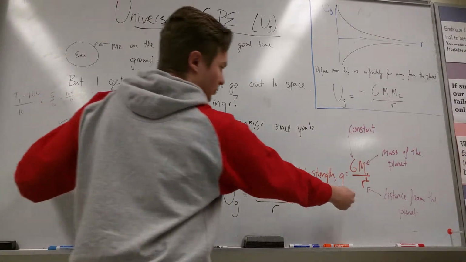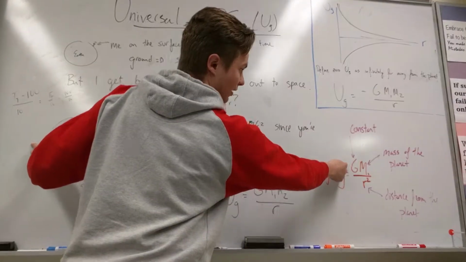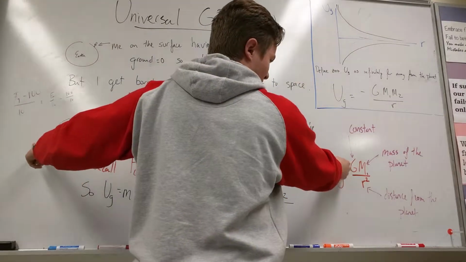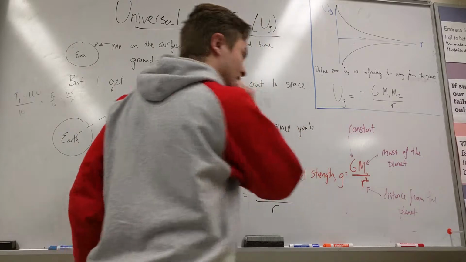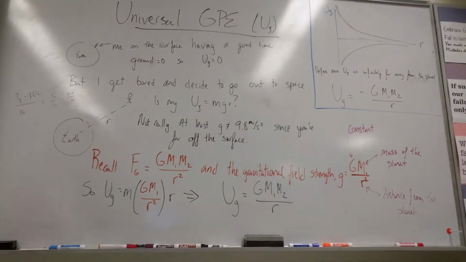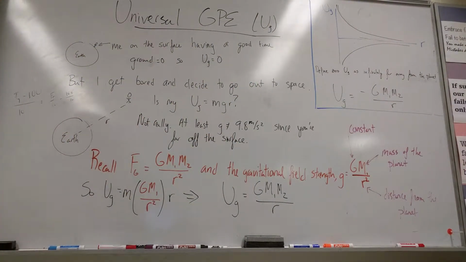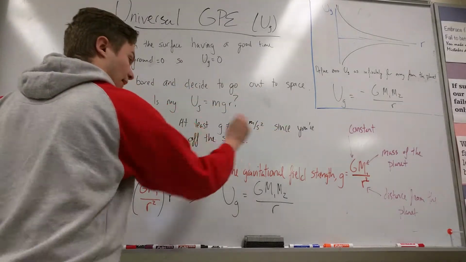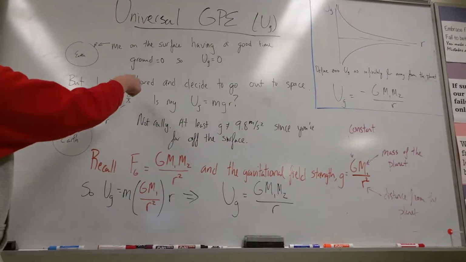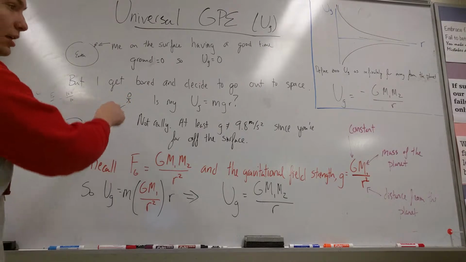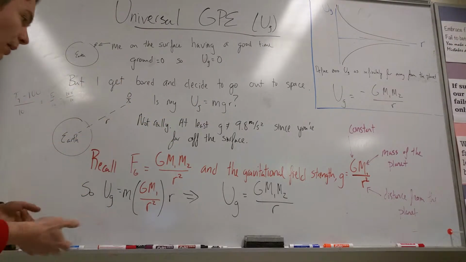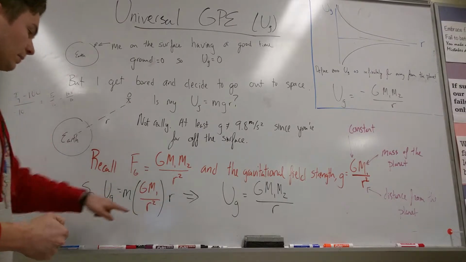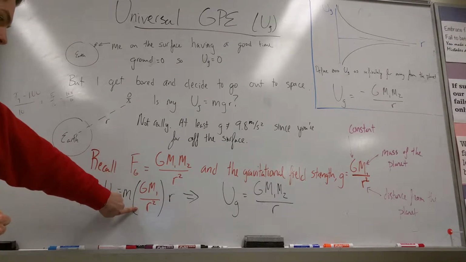The gravitational field strength here is this G constant, 6.67 times 10 to the negative 11th, the mass of the planet that's pulling, and the distance that an object is away from the planet. So if I take that gravitational field strength and I say, well, I'm way out here, what is my g? I could take the mass of the Earth and this r and figure it out. Now that would go in the place of my mgh.